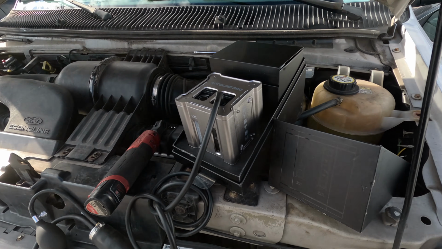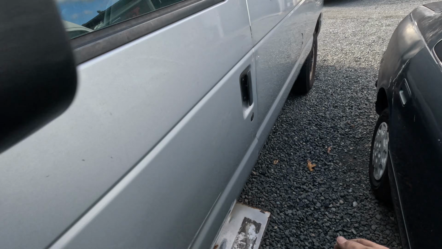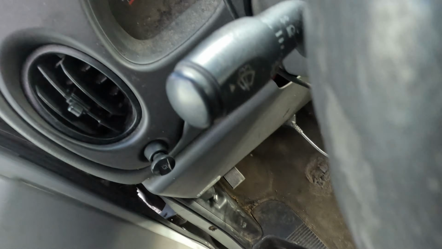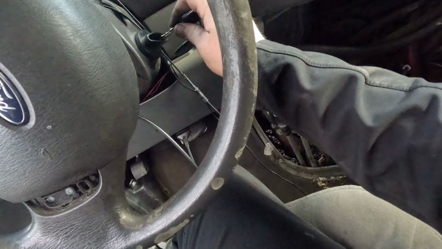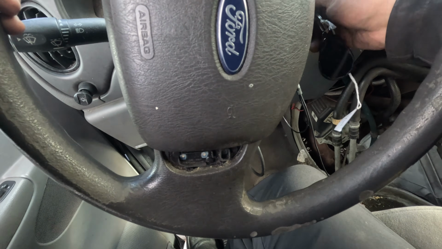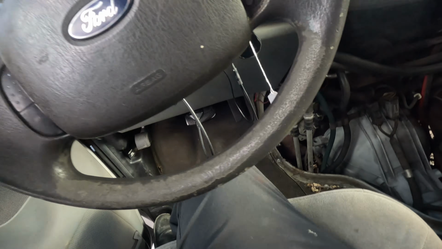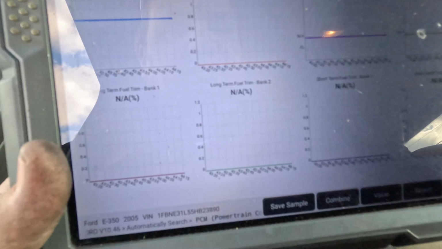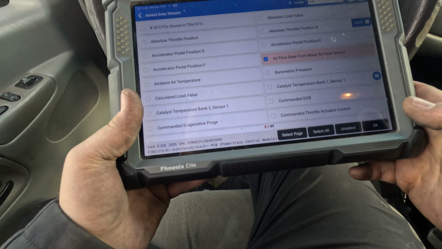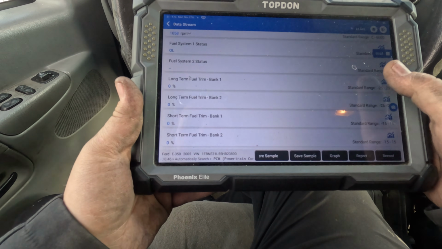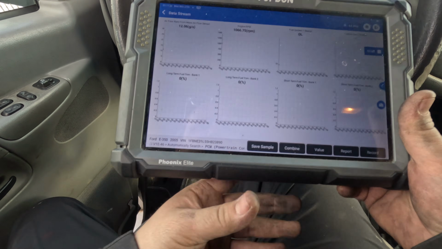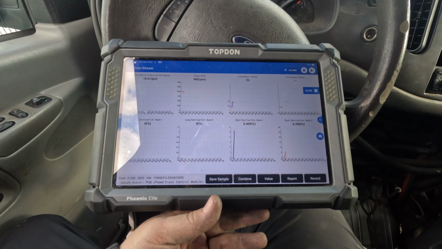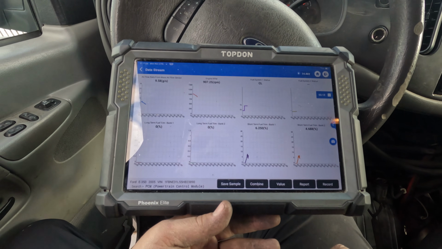Okay, let's start it up and see if there's any change. Oh boy. It's probably gonna be a hard start. Nope. Reconnect, yes. Alright, still an open loop. Just hit closed loop.